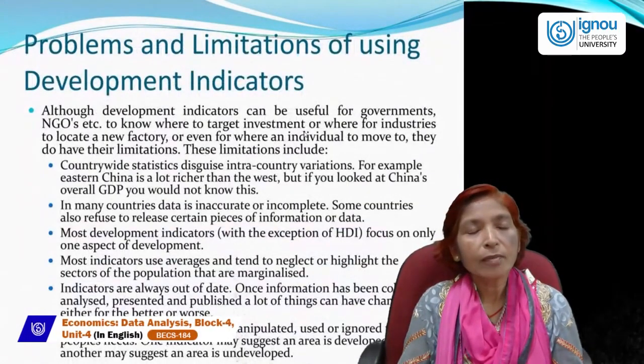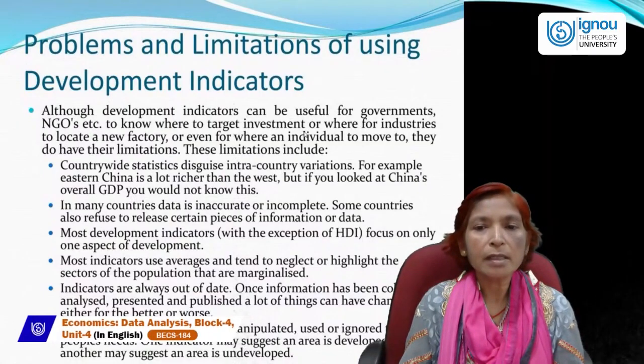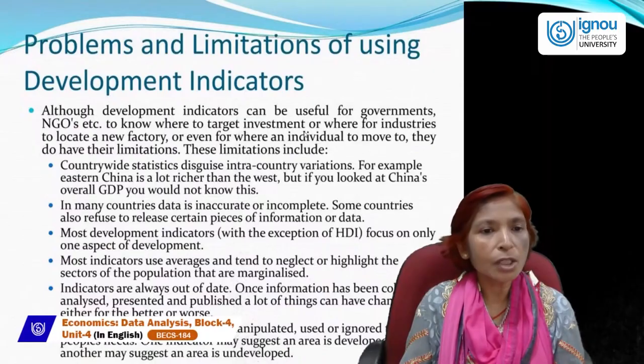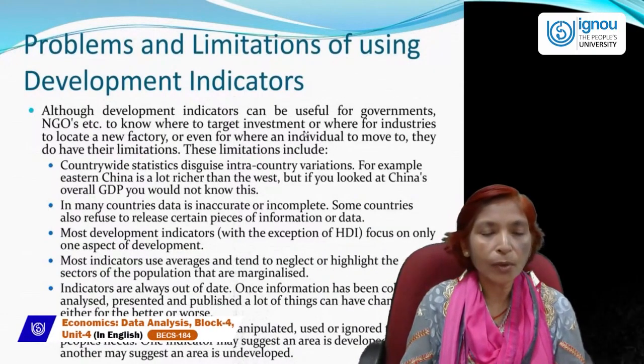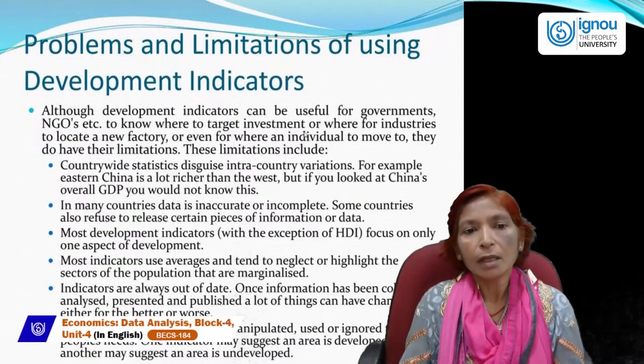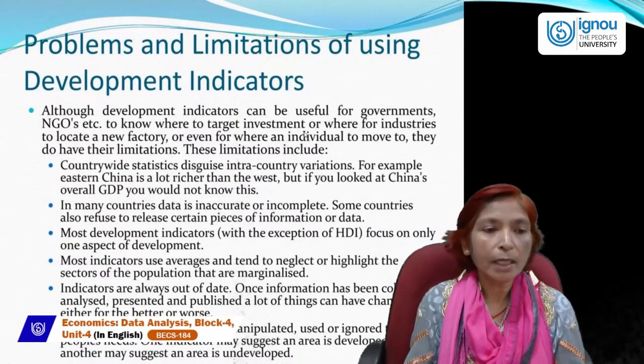Next, what are the various problems and limitations of using these development indicators? Development indicators can be useful for governments and NGOs to know where to target investment, for industries to locate a new factory, or even for an individual deciding where to move. But they have many limitations.